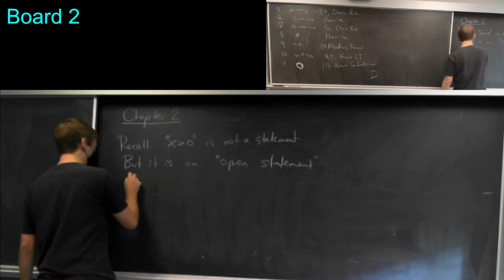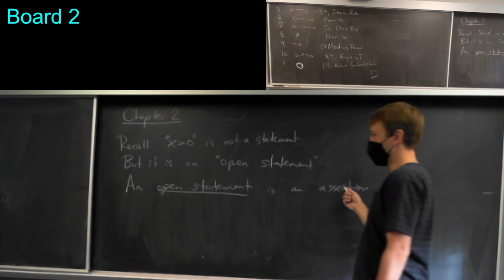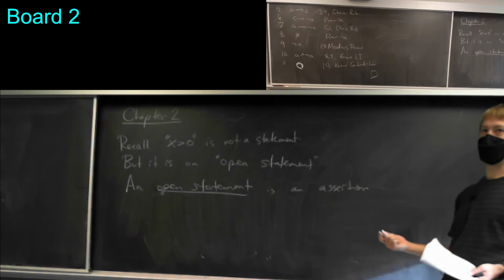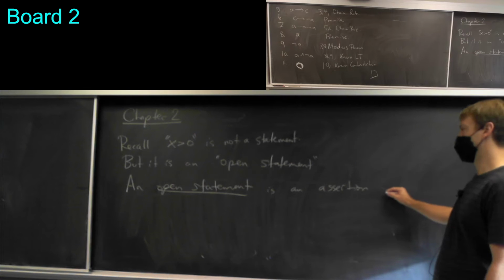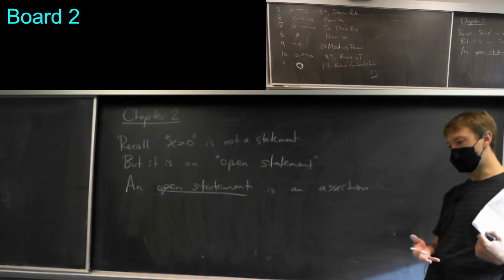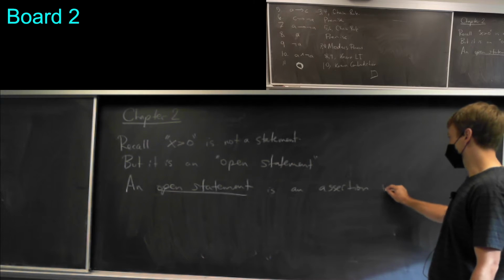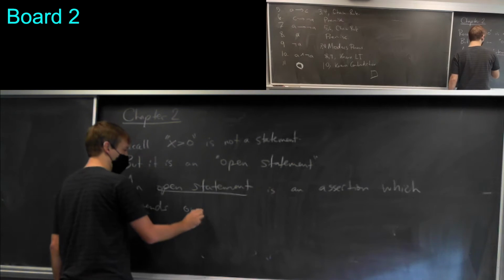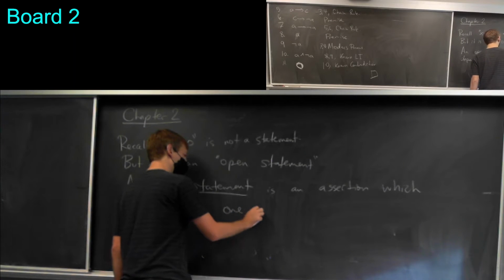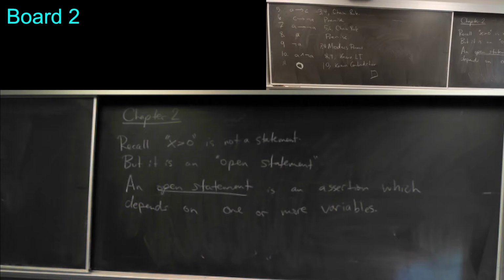So formally, an open statement is an assertion, and when I say assertion, I basically mean just a sentence which can be true or false in a way, but which depends on one or more variables.